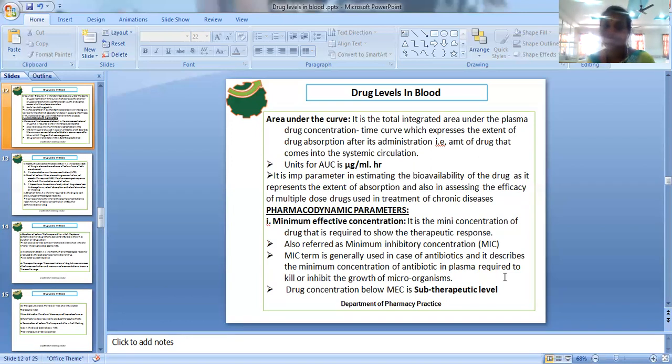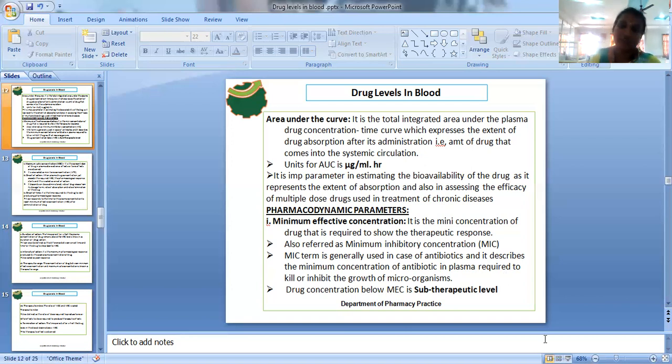This is the important parameter to estimate the extent of absorption. The peak plasma concentration and the Tmax are useful to determine the rate of absorption, whereas AUC is mainly useful to determine the extent of absorption.